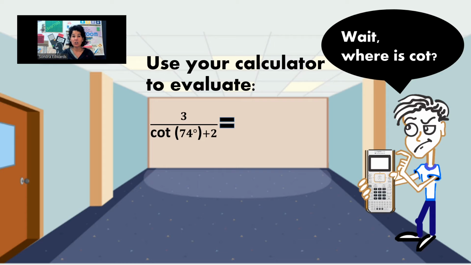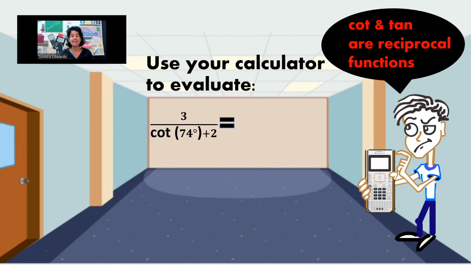So you just want to use the reciprocal function idea. Tangent and cotangent are reciprocals of one another. So you're simply going to replace the cotangent of 74 degrees with 1 over the tangent of 74 degrees.